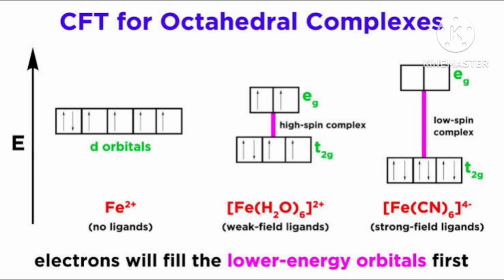Now I will tell you about how the splitting of d orbitals occurs. You can also understand the splitting of d orbitals by a diagram. Consider increasing energy on the x-axis, and on the y-axis consider the splitting of d orbitals.